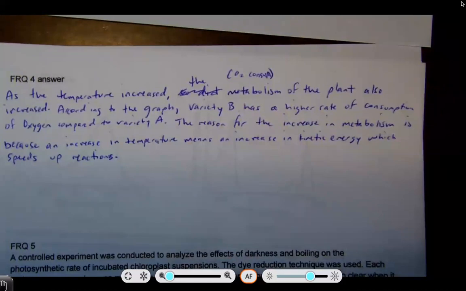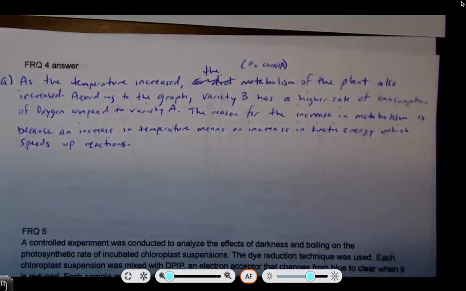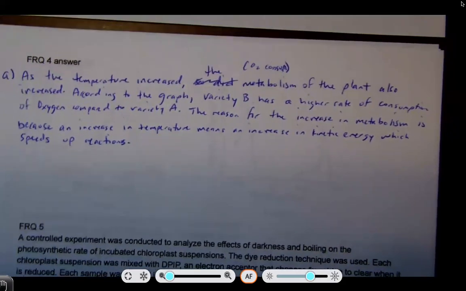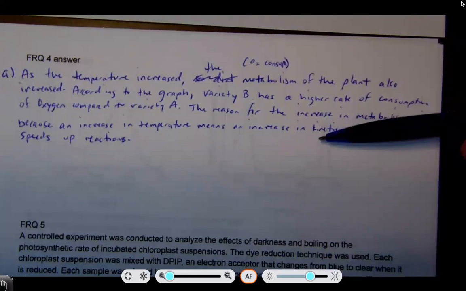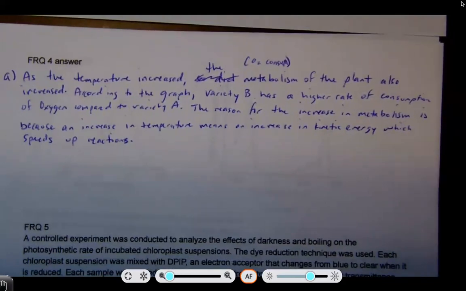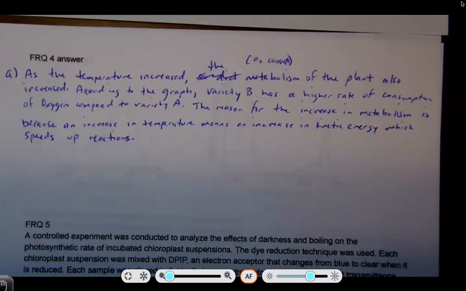Again, you don't have to say all of them. You just have to come up with one of them, basically saying that, hey, when you increase temperature, this is what happens. And one of them could be an increase in kinetic energy, which would cause a reaction to speed up. Or the electron transport chain might speed up, or the enzyme reaction rate might speed up.